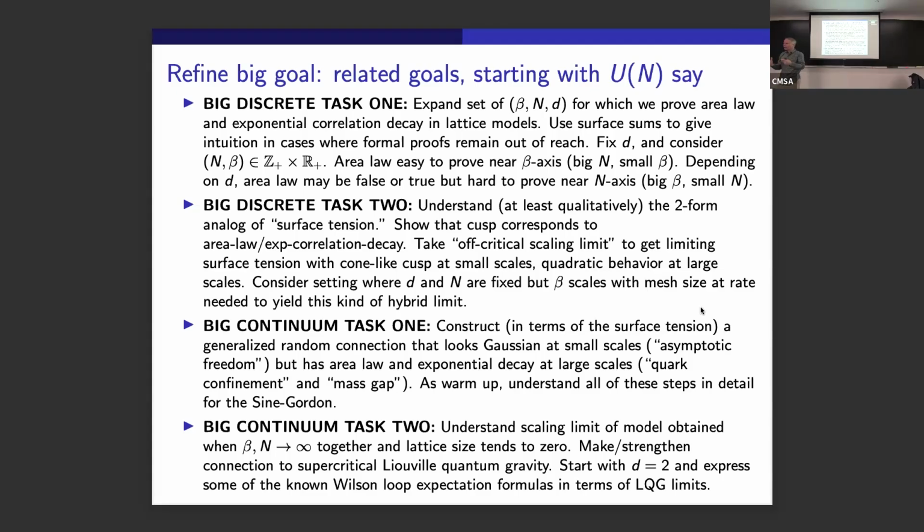But once you get off of that, it seems that there's a lot of cancellation. In this UN model, you don't have the cancellation of this surface. Everything is sort of positive. Whereas in these other models that are related to this, these compact Lie groups, you get a lot of signs. Dealing with the cancellation of these signs is a big part of the battle, trying to understand what's going on there.